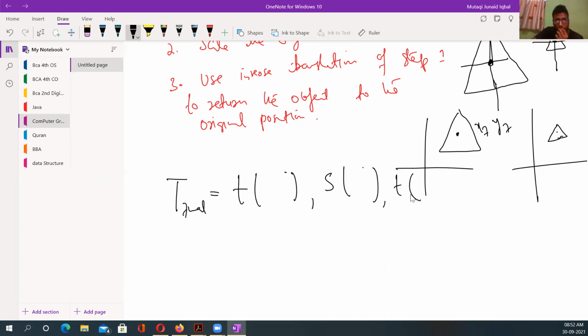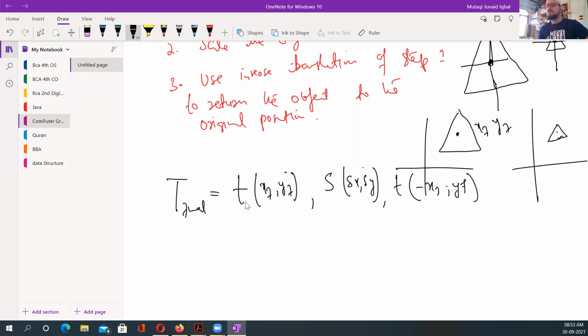The first translation we do to get it to the origin using minus xf and minus yf, as we show at the end. Then the scaling factor will be delta x and delta y, how much you want to scale it, and then you get it back to the original position using xf and yf. Whatever the x and y was originally, we'll get it back.